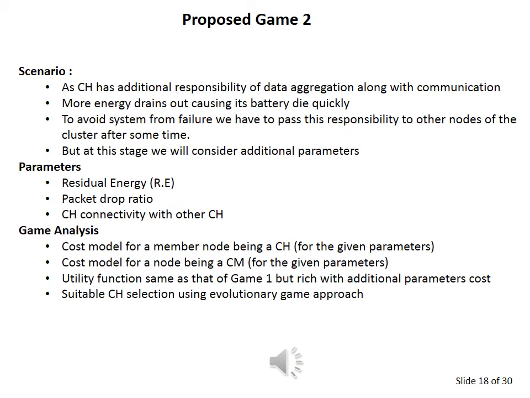Why? Because with the passage of time, the energy of the cluster head depletes very fast as compared to the cluster member, because the cluster head does transmitting as well as receiving. That is, the aggregating energy cost is very high for the cluster head as compared to the cluster member. So the residual energy of the cluster head depletes very fast as time goes on. Okay, so another parameters, that is the packet drop ratio and the cluster head connectivity with other cluster heads.